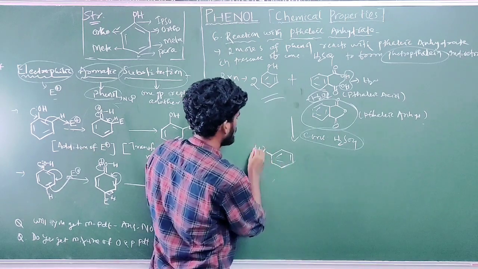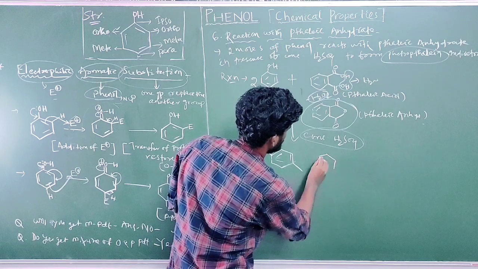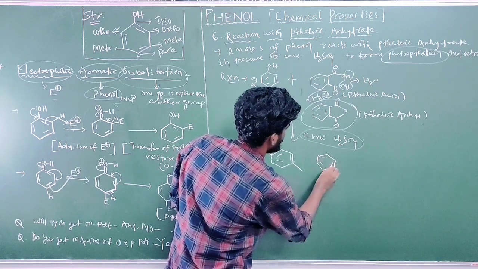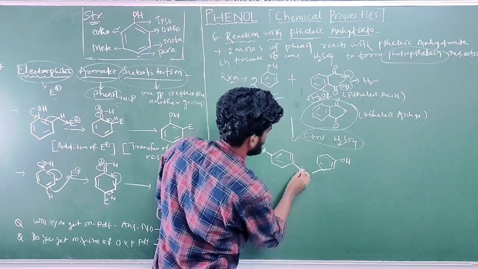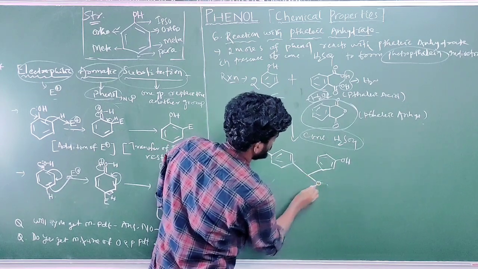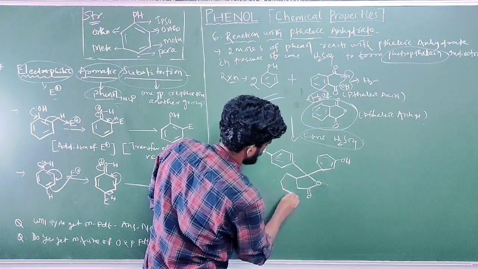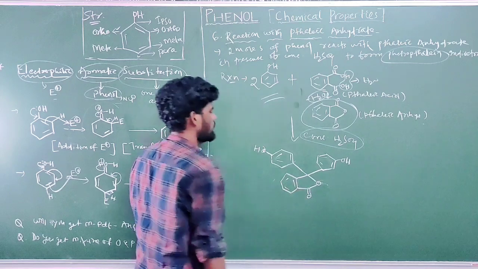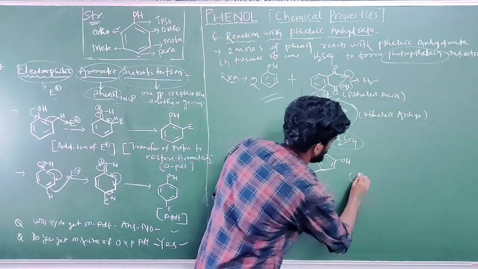This is the structure: OH, and here 2 moles of OH at the para positions, and oxygen. So this is the structure of the phenolphthalein indicator.